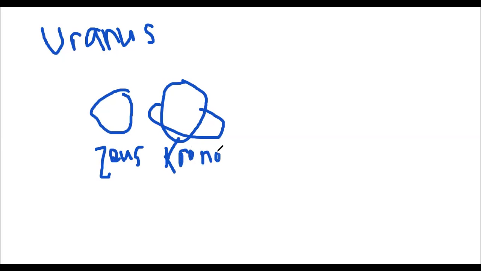Zeus is the son of Kronos, and Kronos is the son of Uranus, which is the god of the heavens, and is believed to be the god of all gods, like the main fundamentals of Greek gods and mythology. So that's just one fun fact you should know about these three planets.